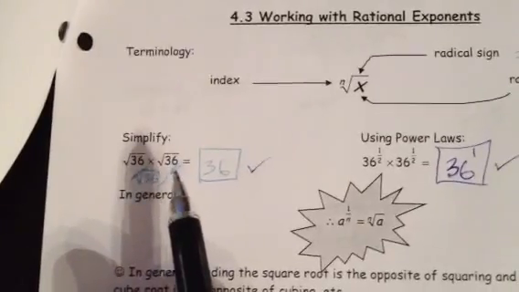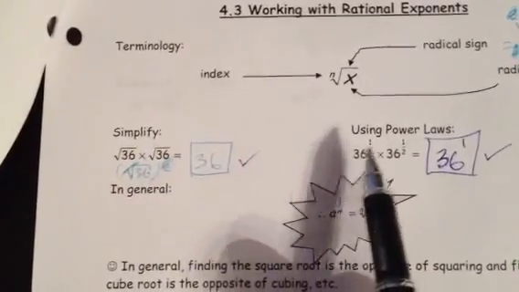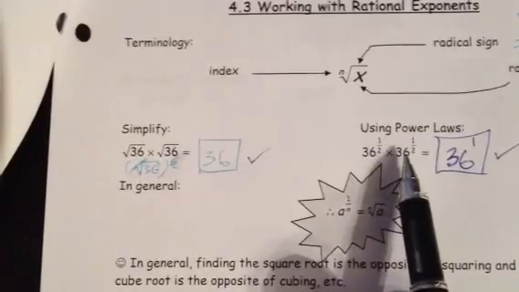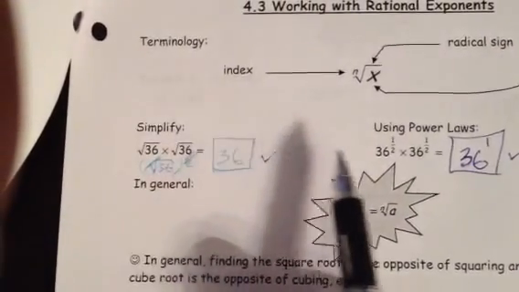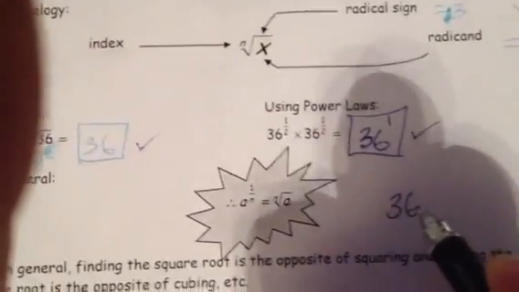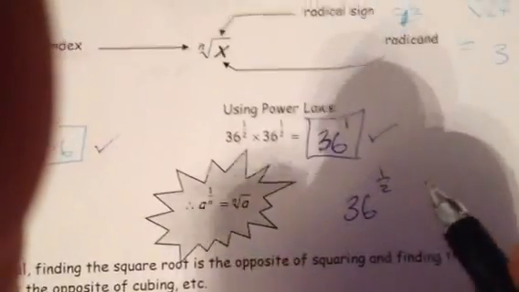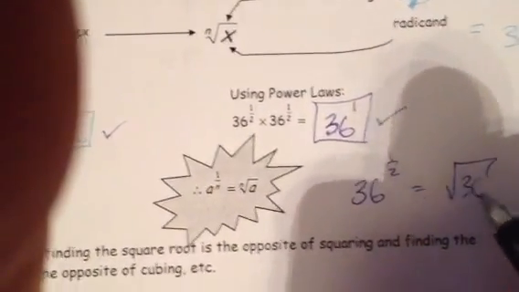See, this root 36 and that root 36 is the exact same as 36 to the power of a half times 36 to the power of a half, which means that root 36 is the exact same as 36 to the power of a half. So that's what I'm going to write over here. 36 to the power of a half just means the square root of 36.